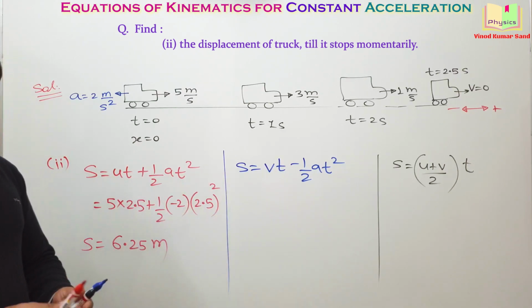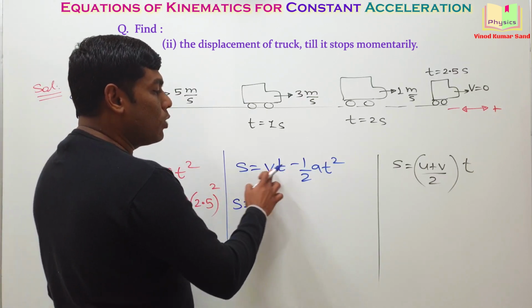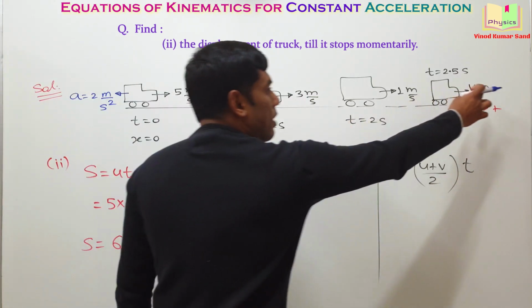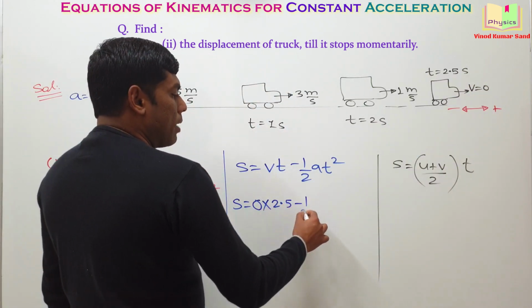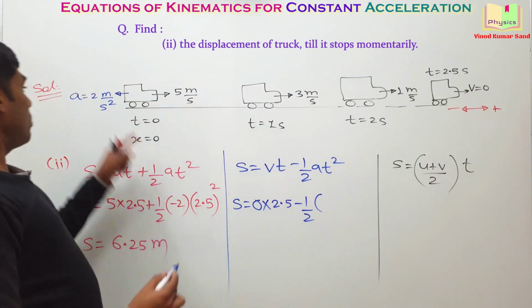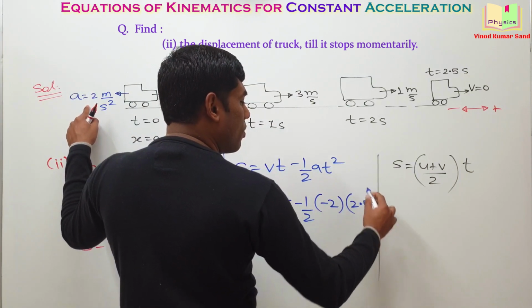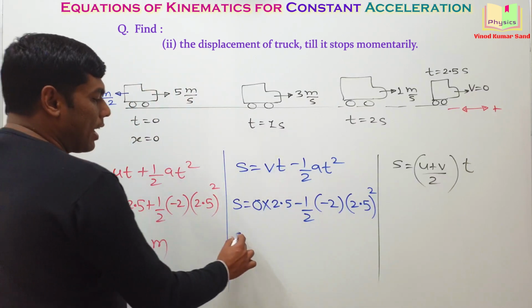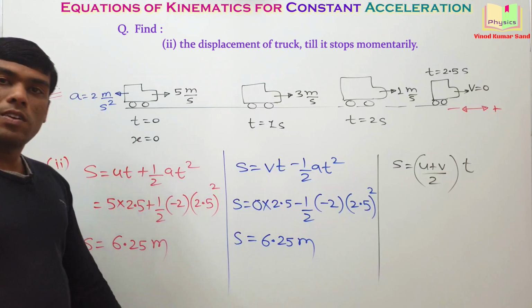Now I'm using this equation and it will also give us the same answer. S is equal to vt, where v is the final velocity, which here is 0. Time is 2.5, minus half, acceleration is minus 2, and time is 2.5 whole square. Answer again comes out to be 6.25 meter.